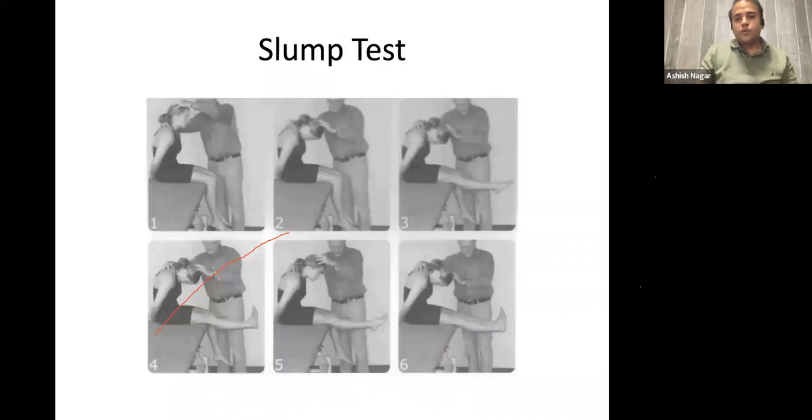So let's just talk about the slump test. The slump test is basically a test just to rule out whether there is any neurological involvement or not. It does not necessarily tell you which nerve or which nerve roots, but it will certainly tell you whether there is any neurological involvement or not.